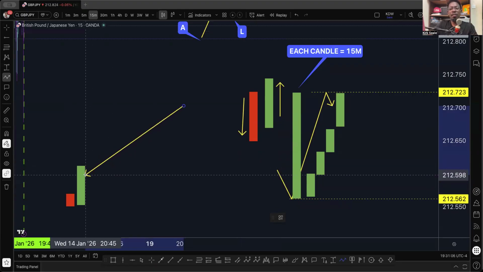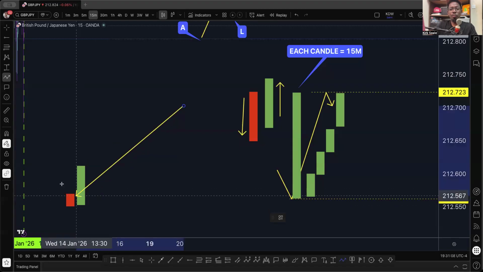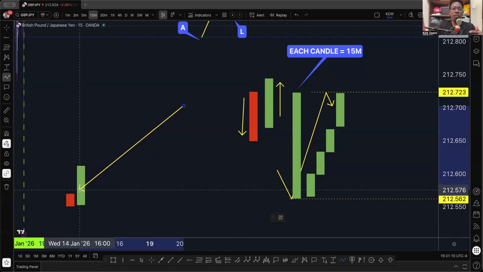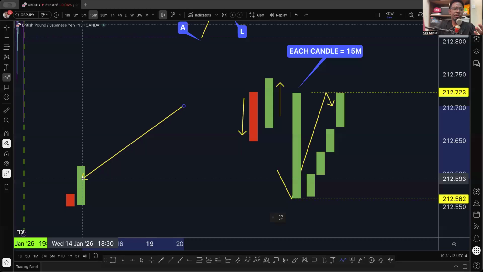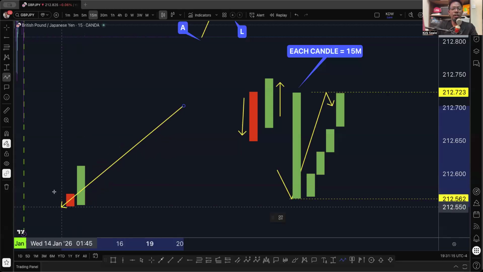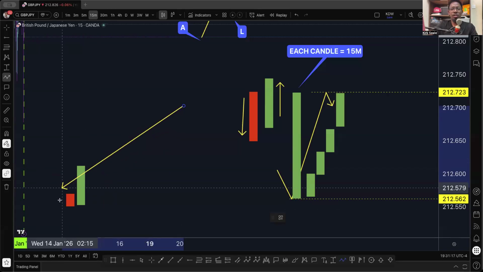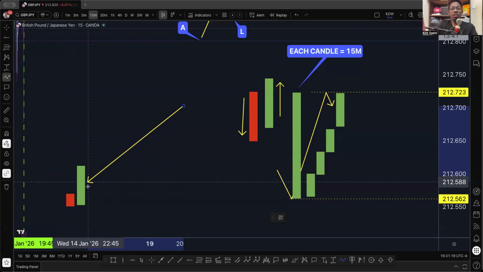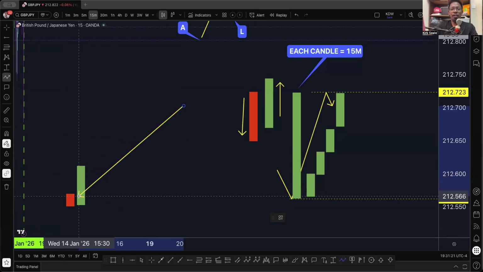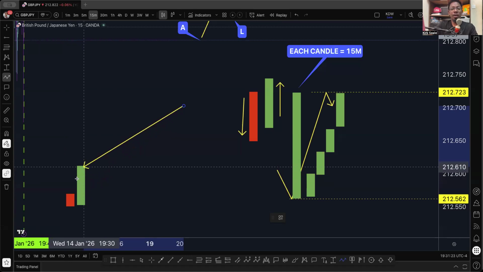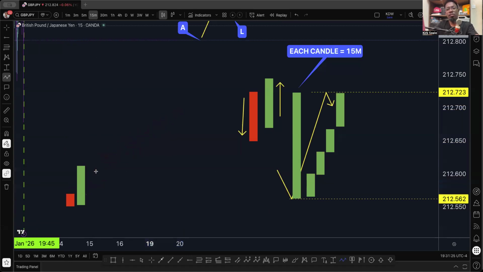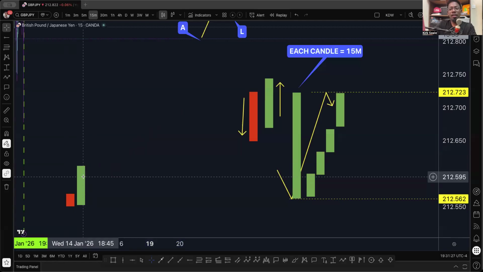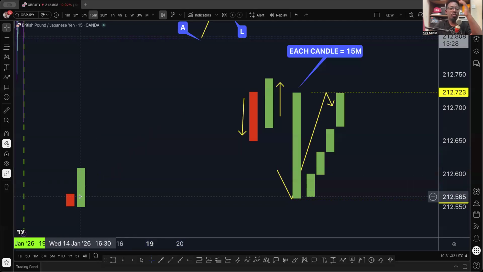That means this candle grew bigger than the one before it. So this is a bullish engulfing candle. You get the red candle first, you get the green candle after, and the green candle grew bigger than the red one. That's a bullish engulfing. This tells us that price is really wanting to go up.